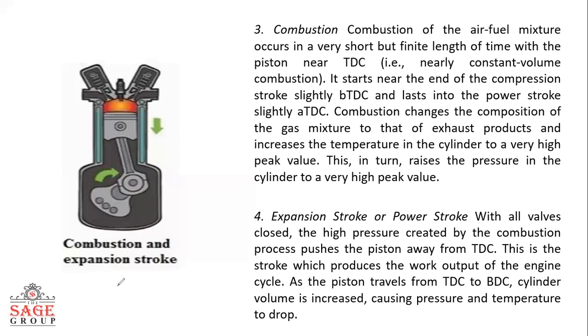As the piston travels from TDC to BDC, the cylinder volume increases, causing the pressure and temperature to drop. The peak value of pressure is obtained just before the expansion stroke begins.